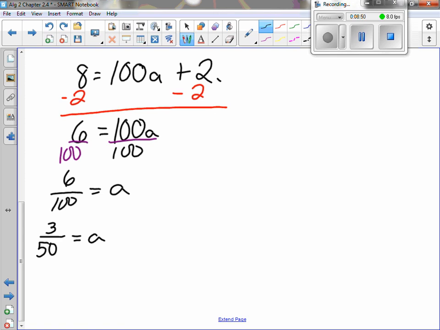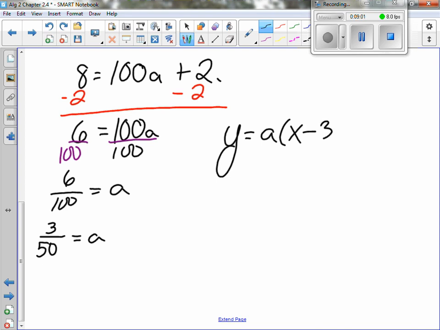Because it'll simplify. 6 over 100 will simplify to 3 over 50. This is what we started with.